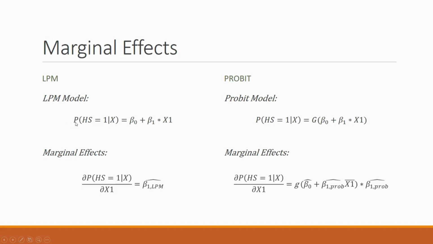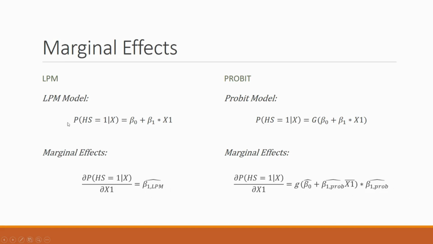In that case, the probability is just a linear function. If we took the derivative of the probability with respect to x1, we just get beta 1 hat. All right, we get beta 1 hat, and I'm adding an extra subscript here, LPM, linear probability model. I'm adding that subscript just to differentiate it from this coefficient. So this beta 1 hat is going to be different from this beta 1 hat.